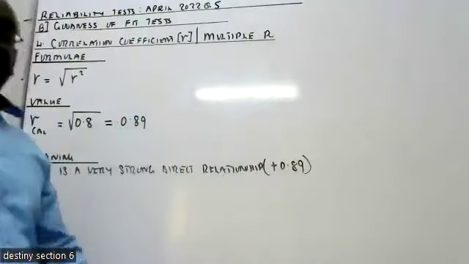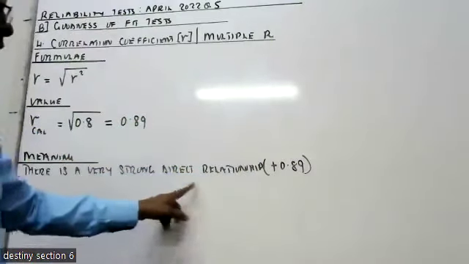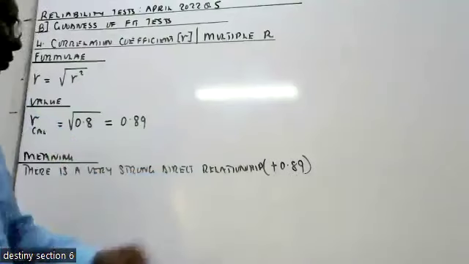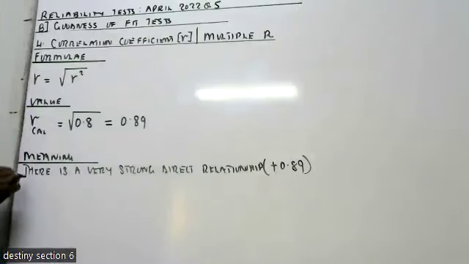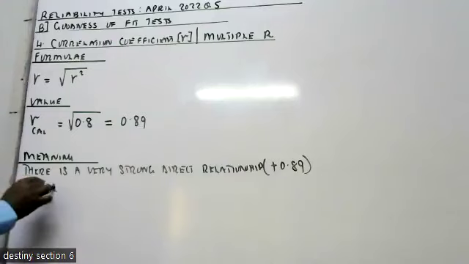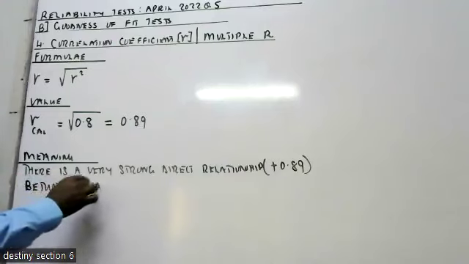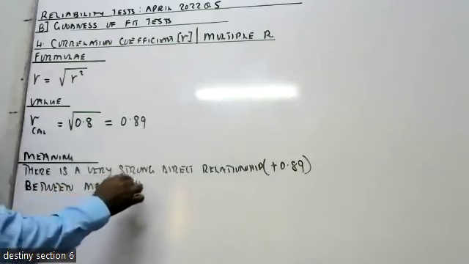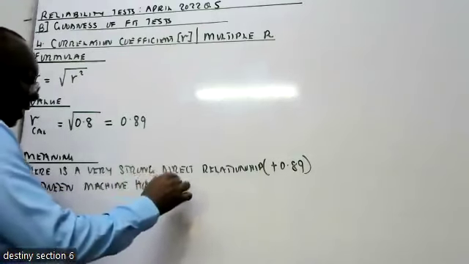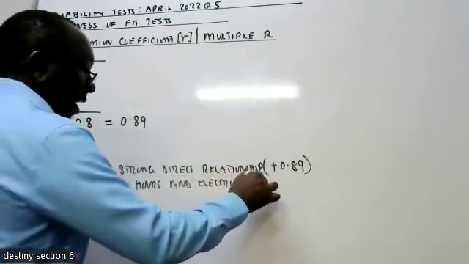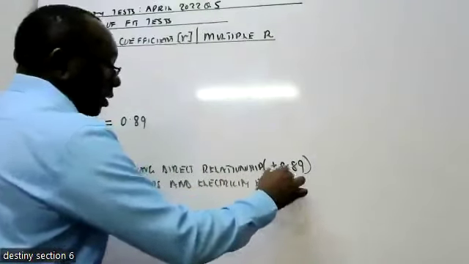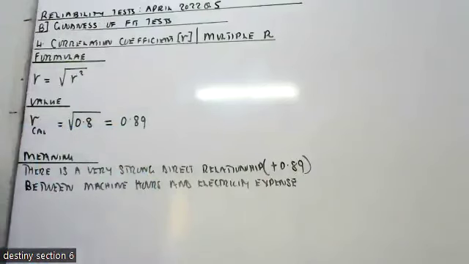You see it's positive, that means it's a direct relationship, and it's very close to 1. That's why we are saying very strong. There is a very strong direct relationship between machine hours and electricity expense.